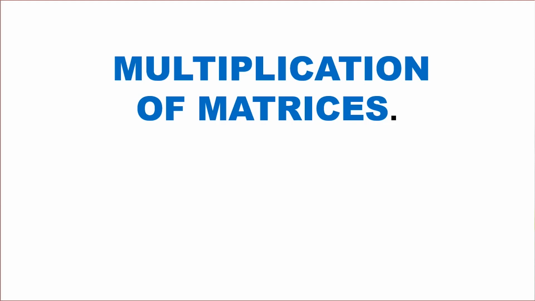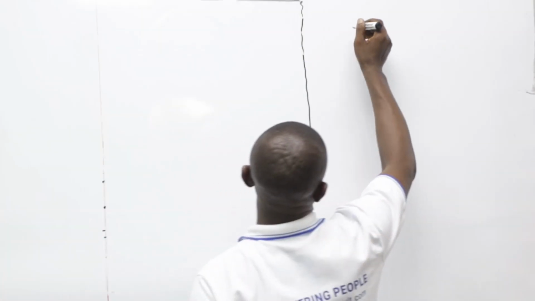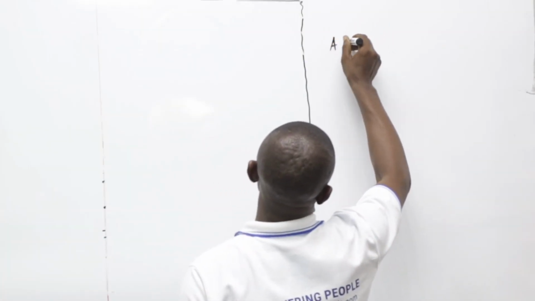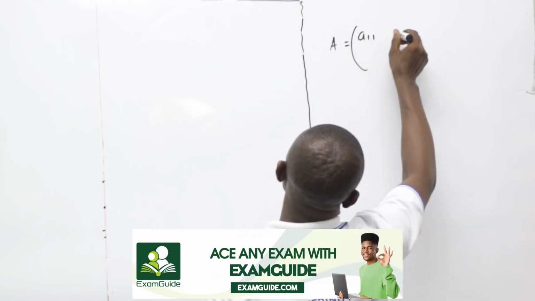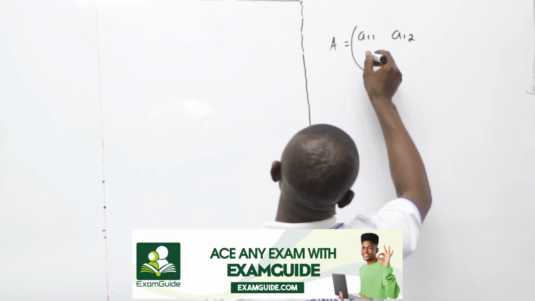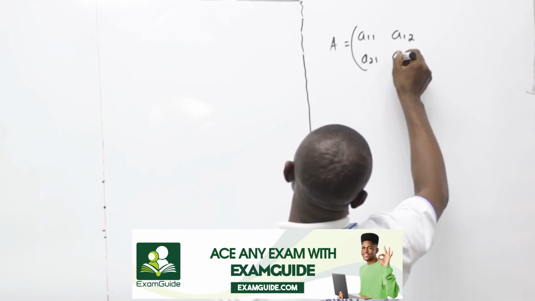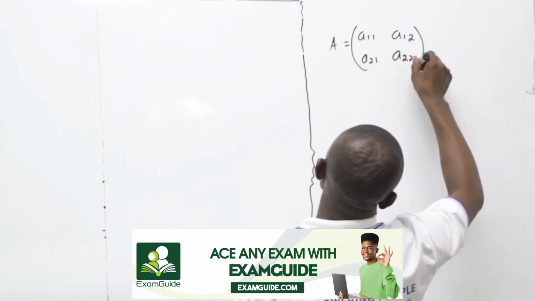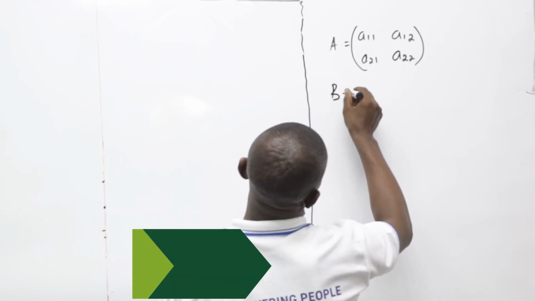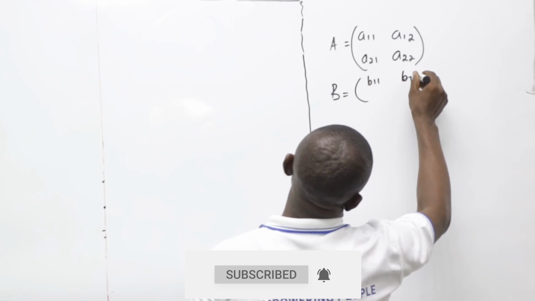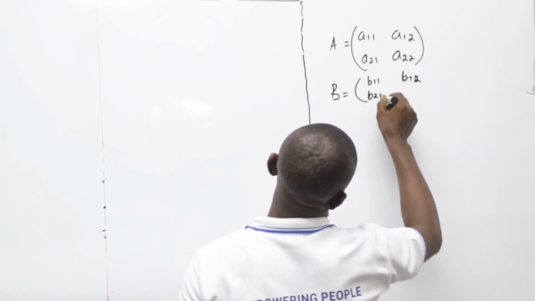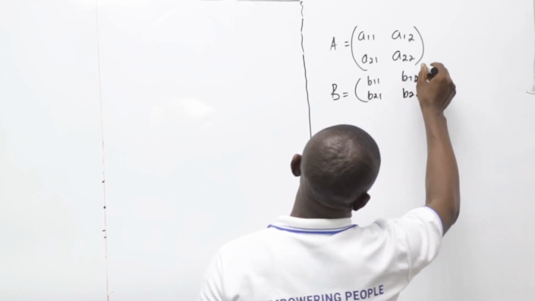In multiplication of matrices, remember we have 2 by 2. This may be a matrix A: A11, A12, A21, A22, and B may be given to us as B11, B12, B21, B22.